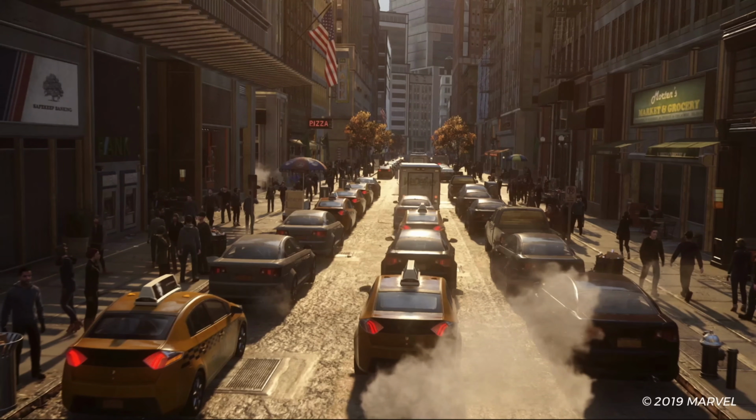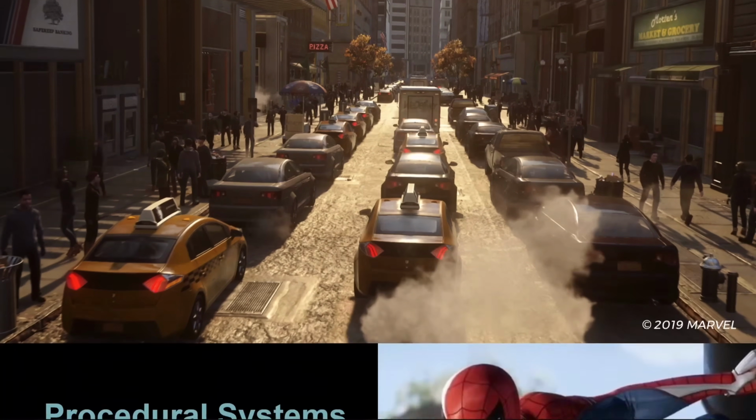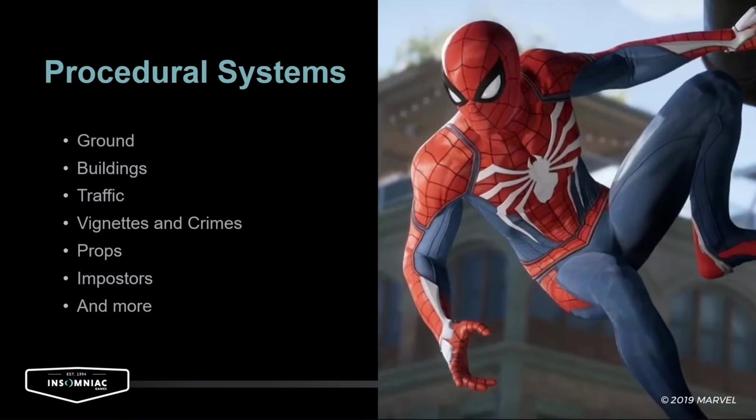All right, so I'll just give you an overview of all the different procedural systems. The ground system: streets, sidewalks, gray spaces, all generated procedurally. That's pretty much the majority of the procedural modeling.